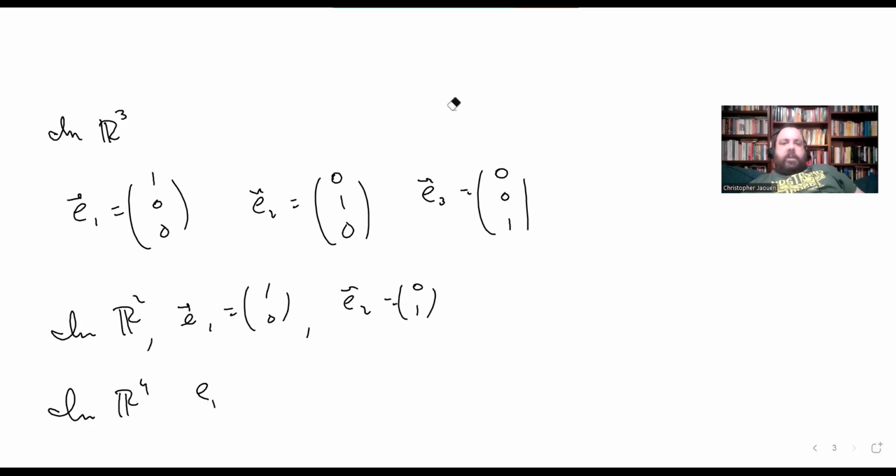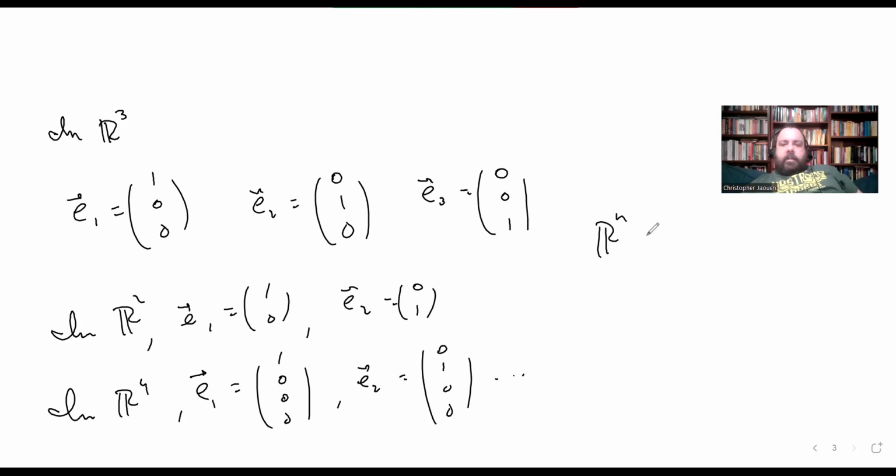In R4, e1 is 1, 0, 0, 0. e2 is 0, 1, 0, 0. And so on like that. And in Rn, e1 is 1 with n minus 1 zeros after it, and so on like that.